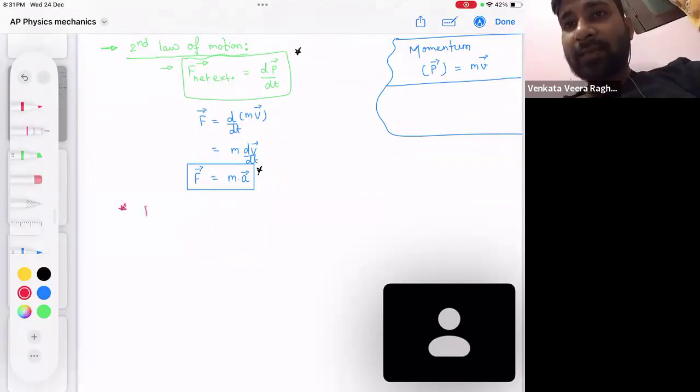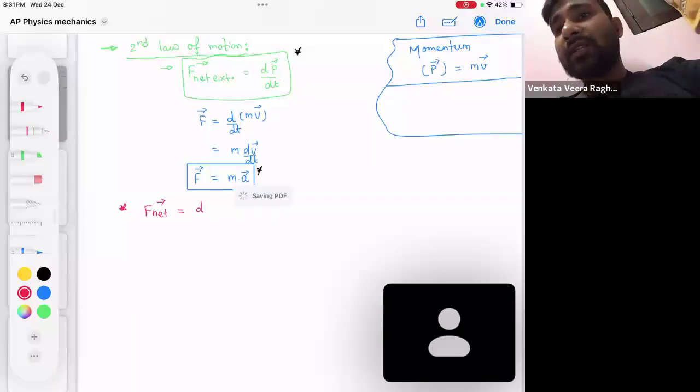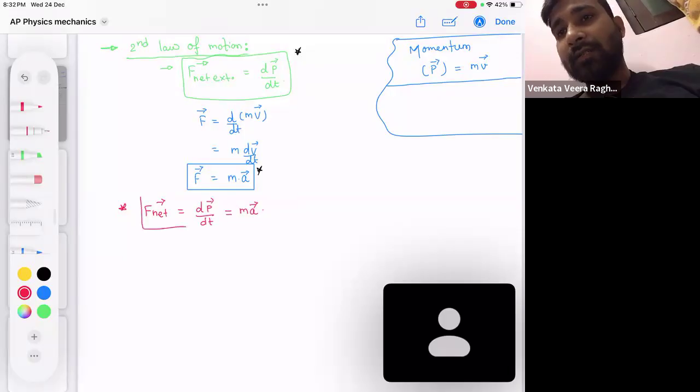Let me write it at one place. The net force acting on the body is the rate of change of momentum, or mass into acceleration of the particle.